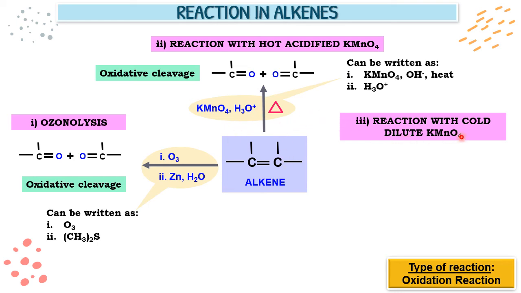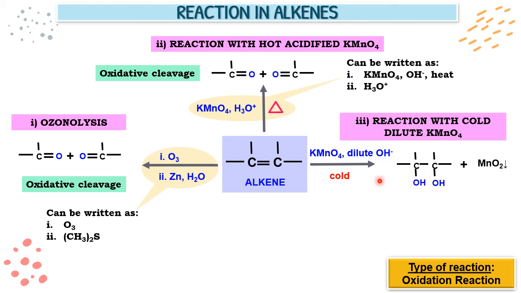But in reaction with cold dilute KMnO4, there will be no bond breaking at the carbon-carbon double bond. On the arrow, we write KMnO4 dilute, OH minus, and also cold. You need to mention the word cold over here. The product we get actually looks like an addition reaction, as we are adding the hydroxyl group at the carbon-carbon double bond.